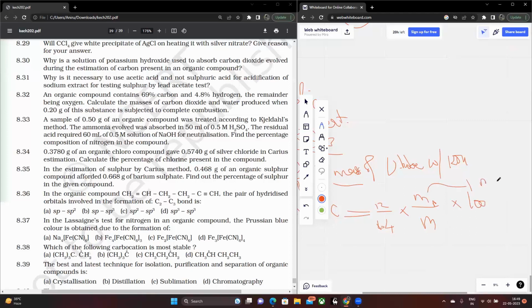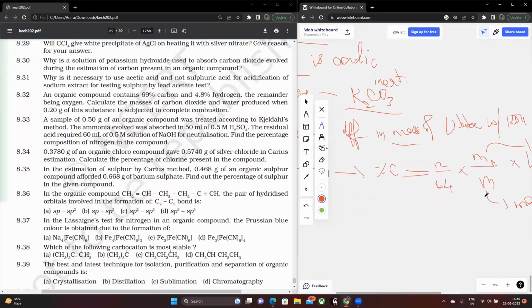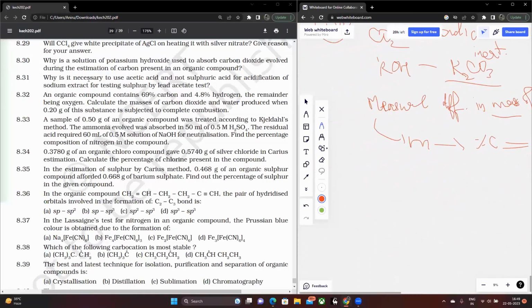Because one mole of CO2 gives one mole of K2CO3. M1 is the mass of CO2, M is the mass of the original organic compound, right? That is how you measure, that is why you use the solution of potassium hydroxide to absorb carbon dioxide.